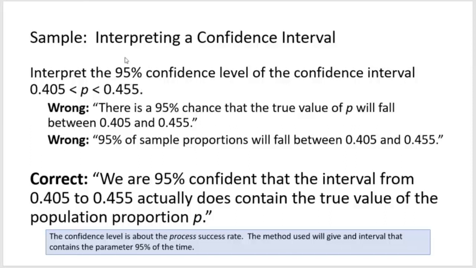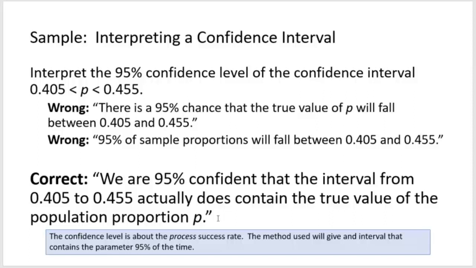Remember, this 95% confidence level is how sure we are that the actual value is in the interval. So the correct thing to say is we are 95% confident that the interval from 0.405 to 0.455 actually does contain the true value of the population proportion P.